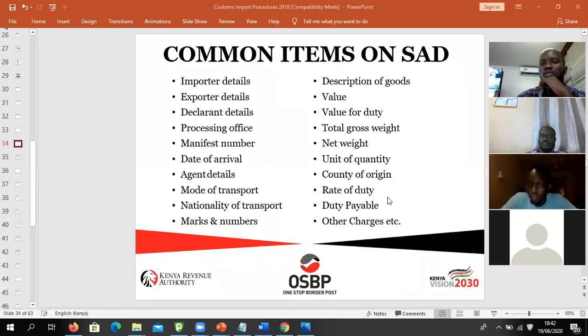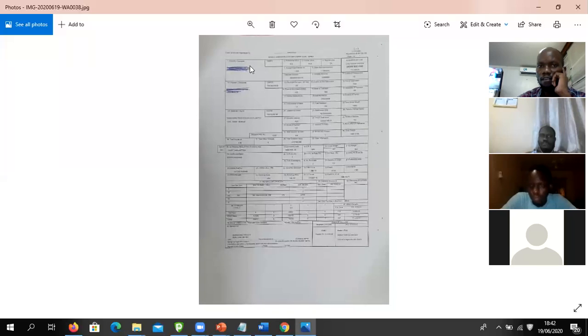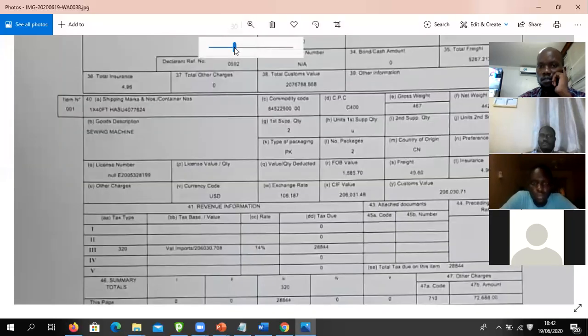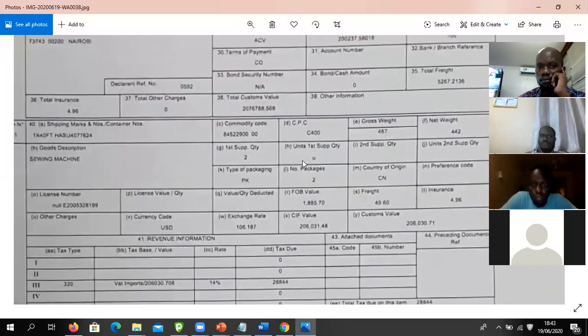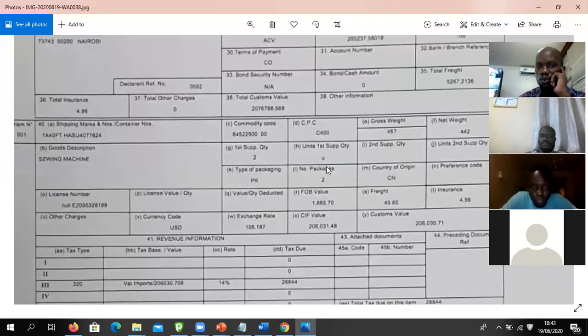Yes. So unit of quantity. Here we have unit of quantity. You can see in this particular case, there are 2 units.